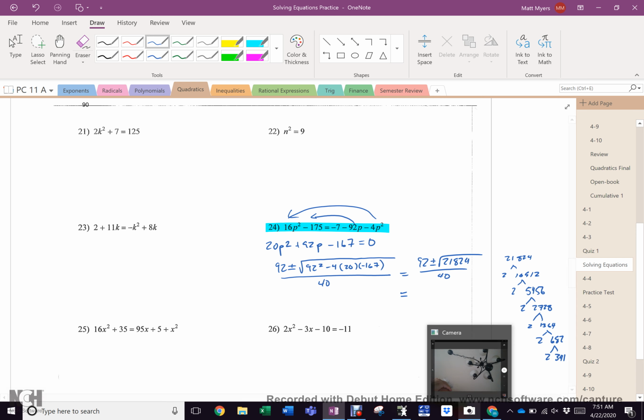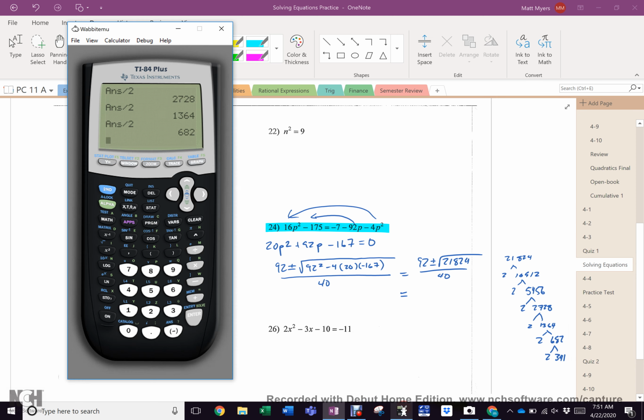And that might be where it ends. 341 is probably a prime number. I'm too lazy to go any further, but let's check. Well, I know it doesn't divide by 3. Doesn't divide by 2. Doesn't divide by 5. Might divide by 7. Doesn't divide by 7.